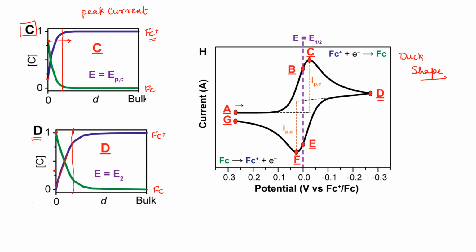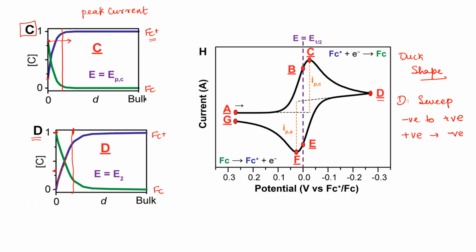Now let us see what happens when you reach the point D. D is called the complete sweep from the negative potential to the positive potential. Now in the next cycle we will see how it moves from positive to negative.